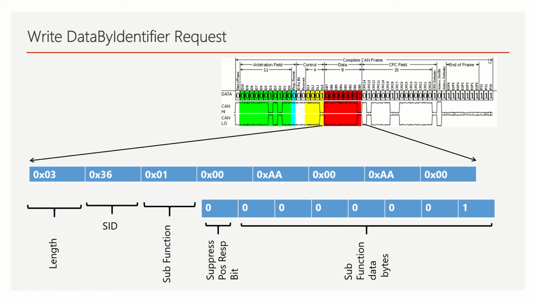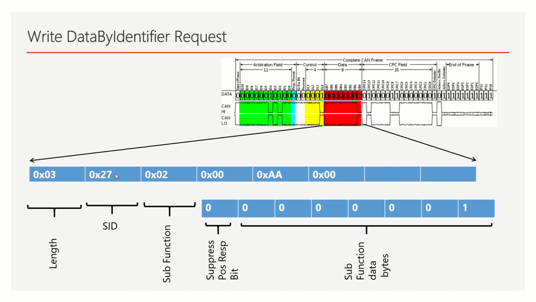Now let's see the next point. There could be a request for services like 36 and 27, where we need to follow a certain sequence. 27 is the security service where we send 27 01, and only then send 27 02, that is for seed and key request.